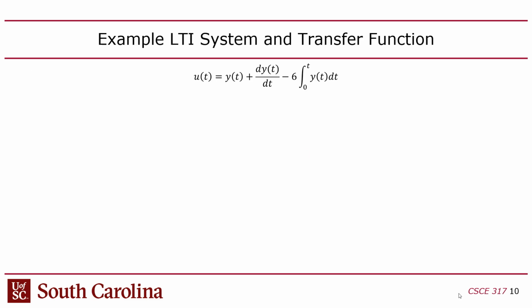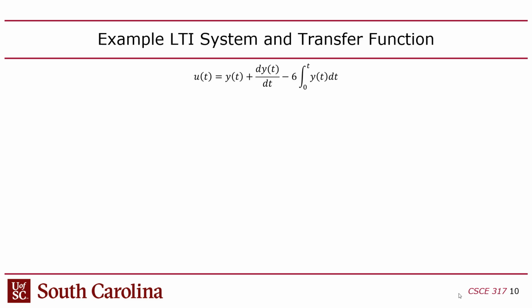Okay, so here's an example where we start out with a time domain ODE, which I literally just made up. This is not meant to represent any specific system. And I introduced these two variables, u and y.